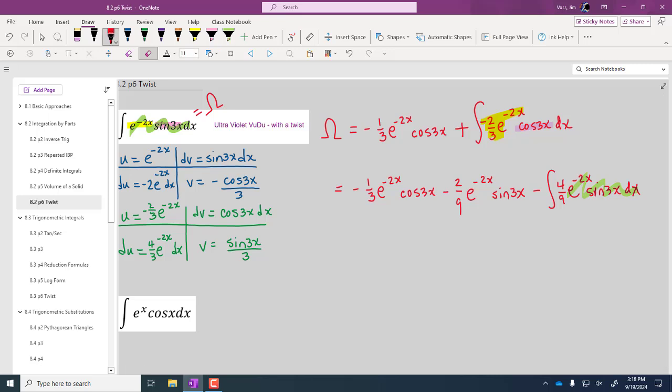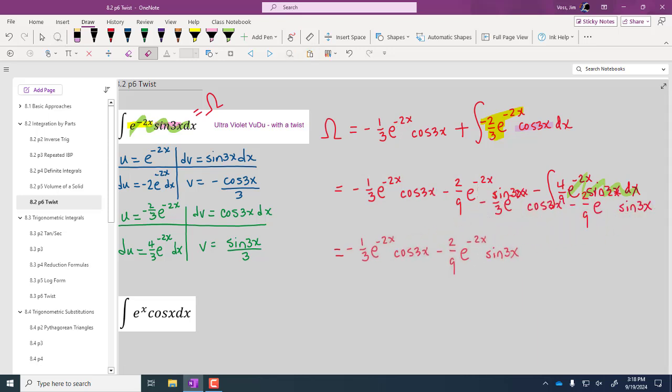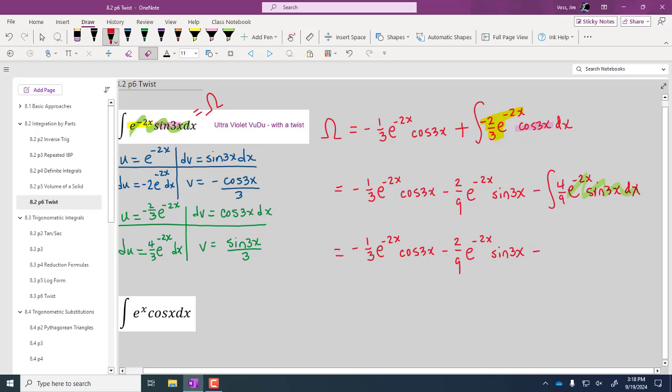So here is what we are going to do. So we are going to take that original, and we're going to do this. I claim that we could do this. We could write this as minus 4/9 omega.